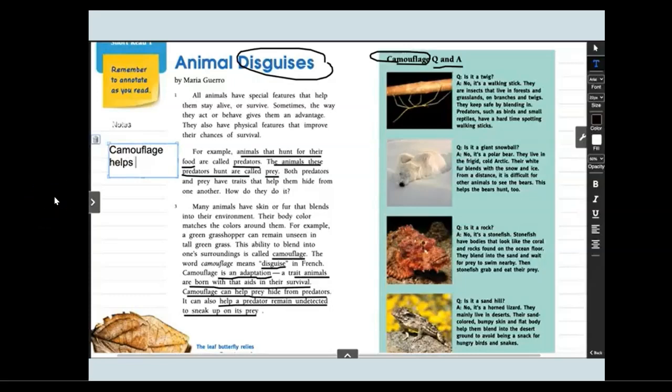Does it help predators or prey? Both. Camouflage helps predators and prey survive. Okay, so that's the main idea.